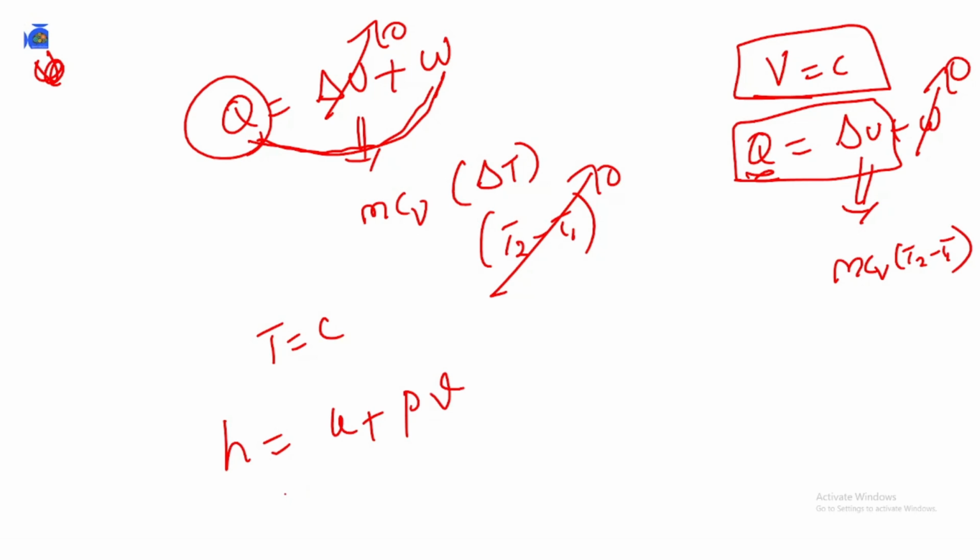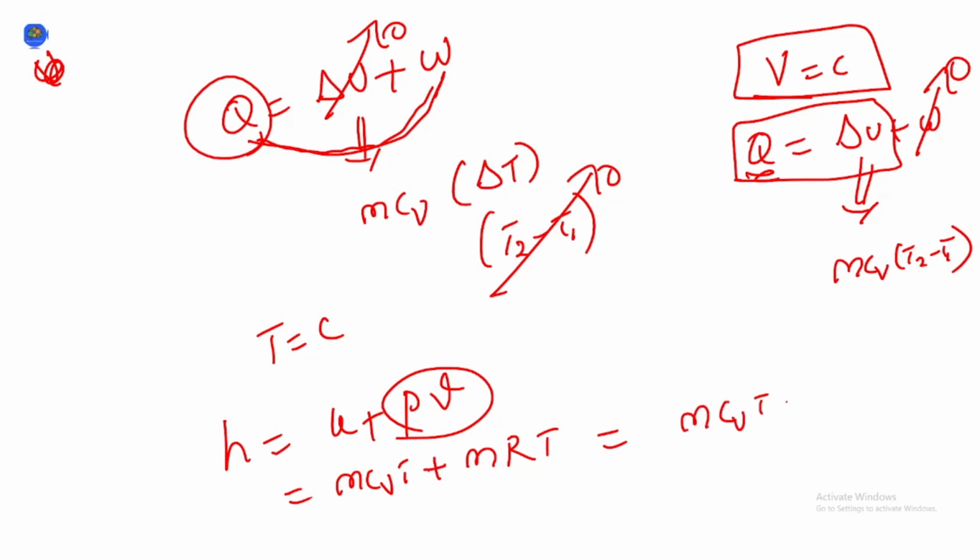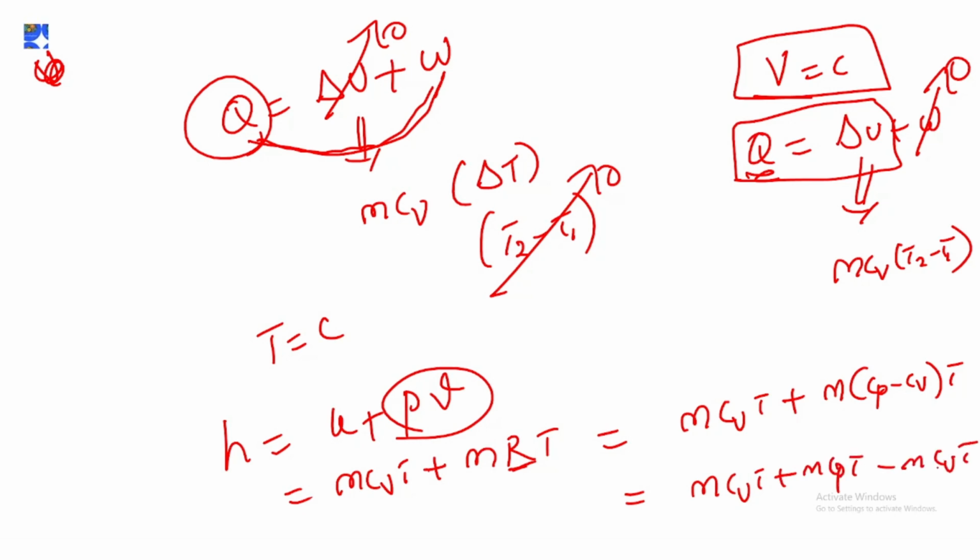If you substitute mCvT plus, instead of PV, mRT, and instead of the gas constant R, you can put (Cp minus Cv) into T. So you'll end up with mCvT plus mCpT minus mCvT. These two terms will get cancelled, so we'll end up with mCpT. So change in enthalpy is equal to mCp (T2 minus T1).